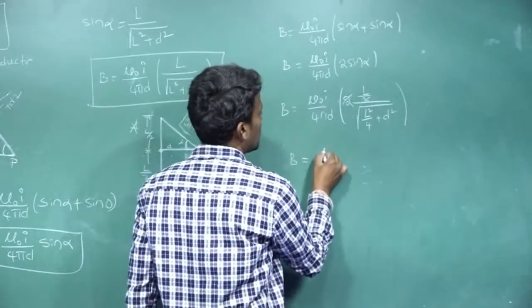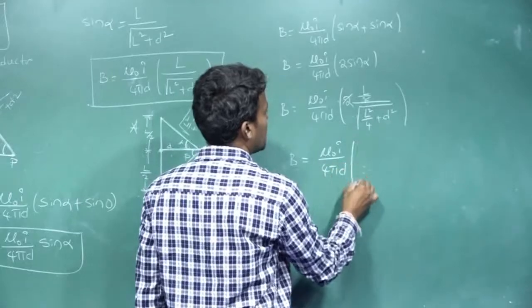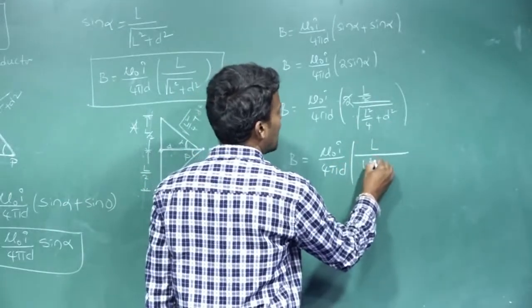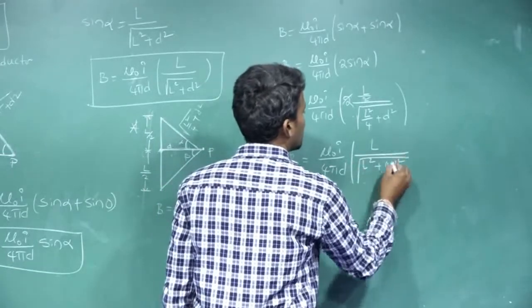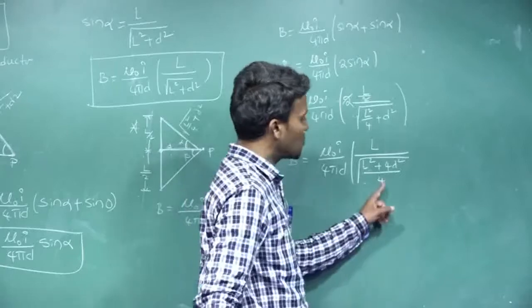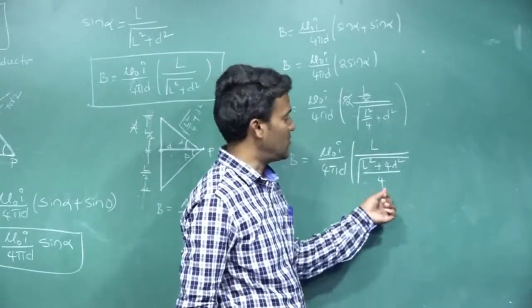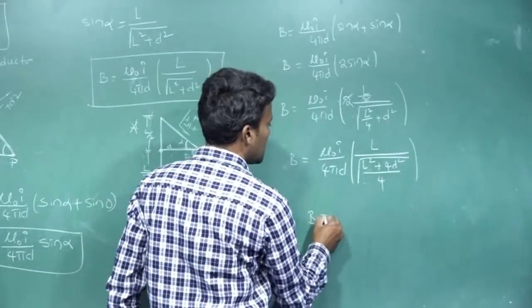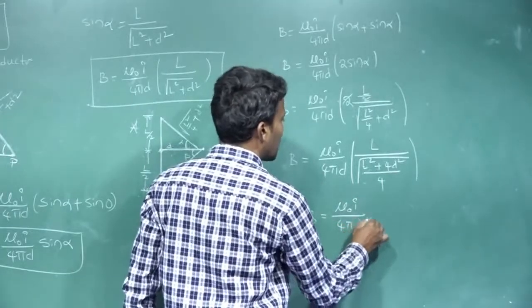B is equal to mu naught I divided by 4 pi d, times L divided by, what is the LCM here? 4. So the root of L square plus 4D square, divided by 4. Root 4 I can take out of the root, that is, root 2 will come. 2 goes to the numerator. So the final equation is B is equal to mu naught I divided by 4 pi d.